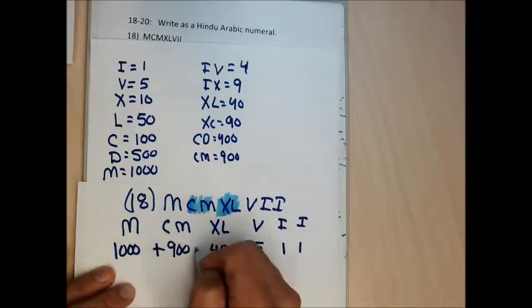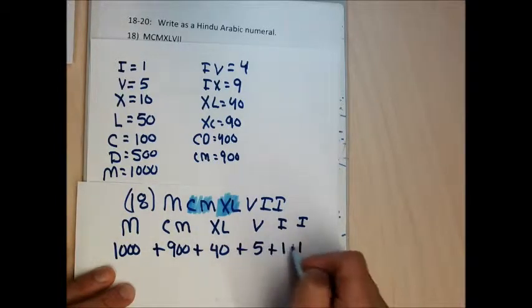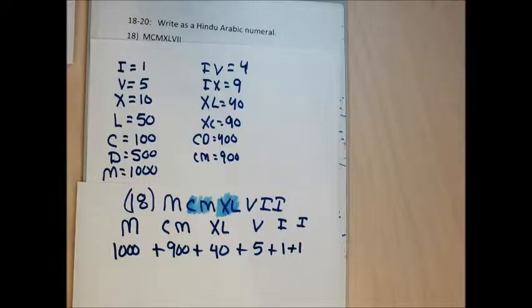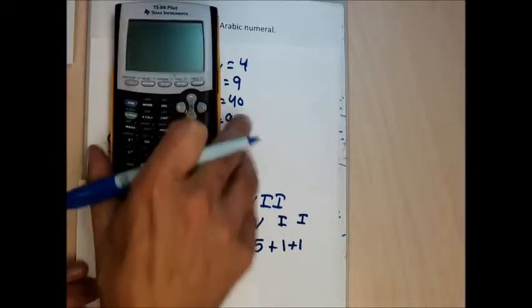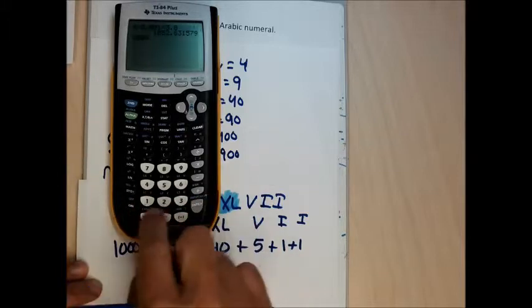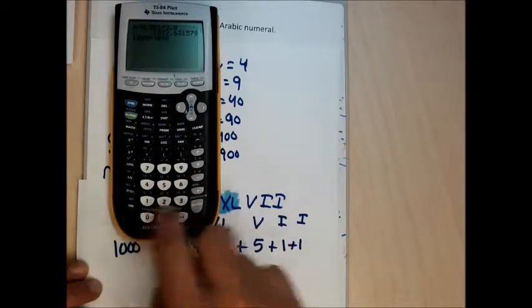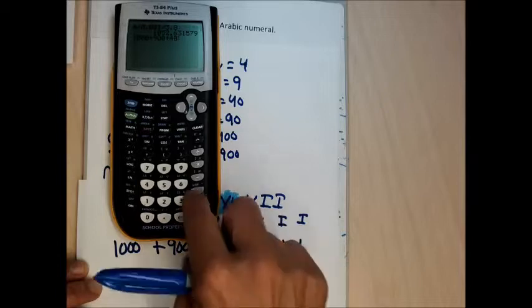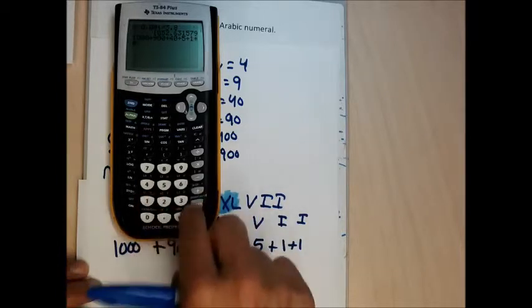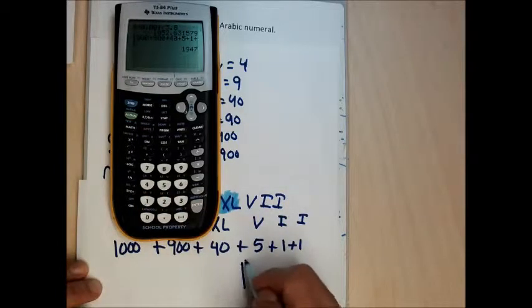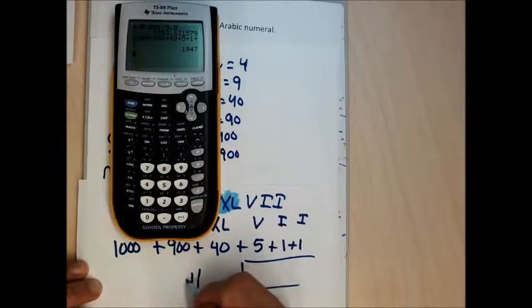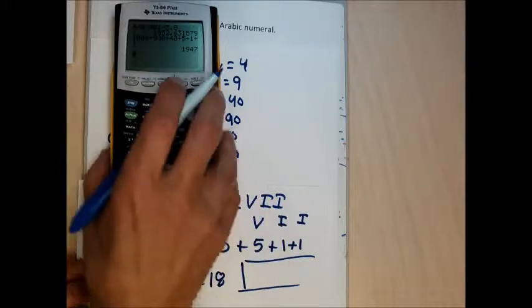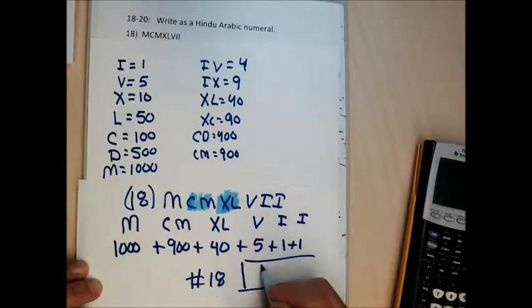And now I'm going to add up these numbers. So 1,000 plus 900 plus 40 plus 5 plus 1 plus 1. I think that's 1947. The answer to problem 18, the Roman numeral that's given, is equal to 1947.